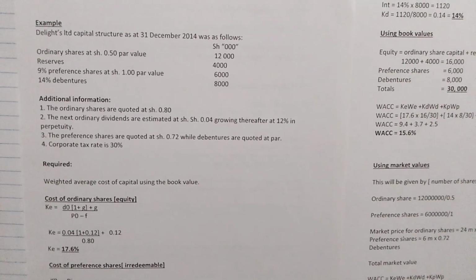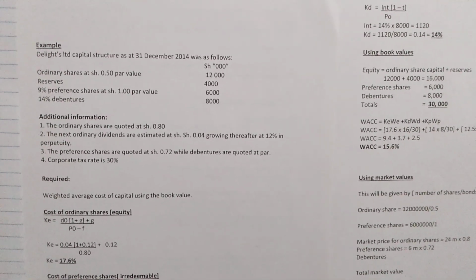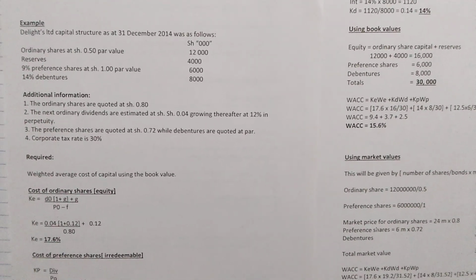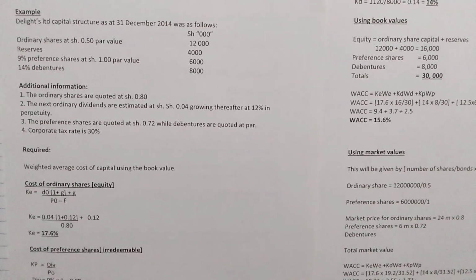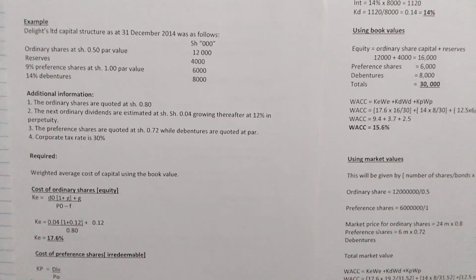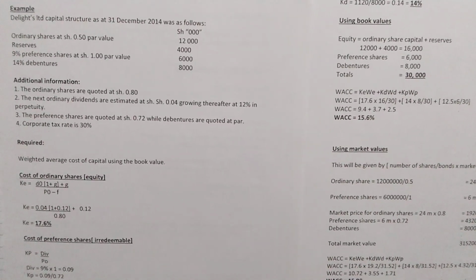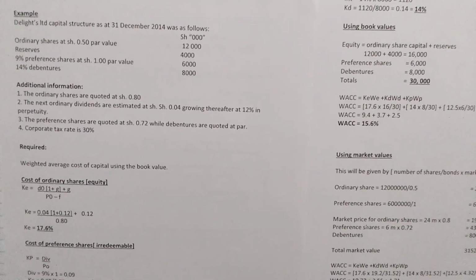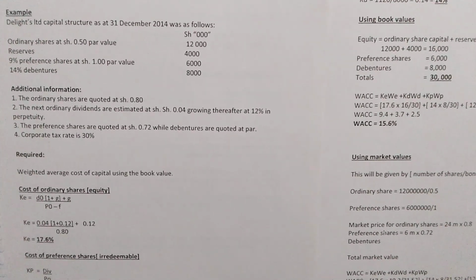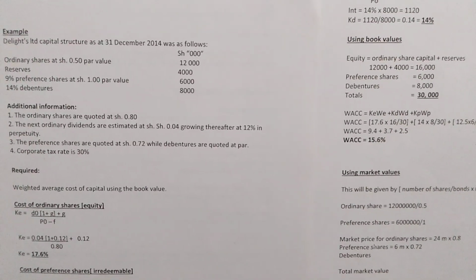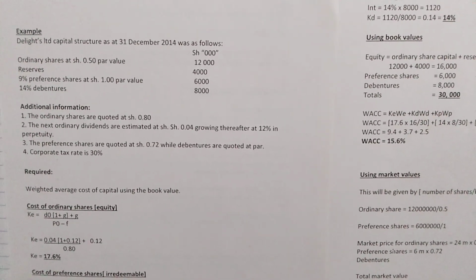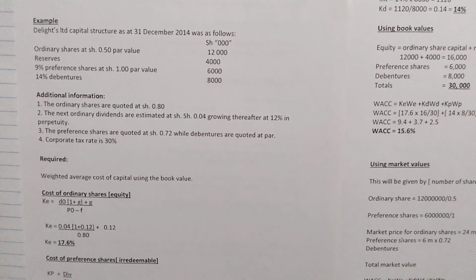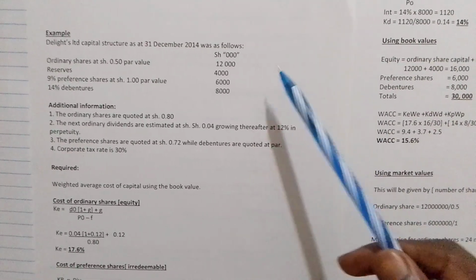A reserve or retained earning means the profit which has not been distributed as dividends to the shareholders. I've said it is a cost-free source of fund to a business enterprise. The only cost that you incur is the opportunity cost, which is incurred by the shareholders for not receiving the dividends. So reserves, we have 4,000. Then we have 9% preference shares at shillings 1 par value, 6,000. Then 14% debentures. This is our capital structure.